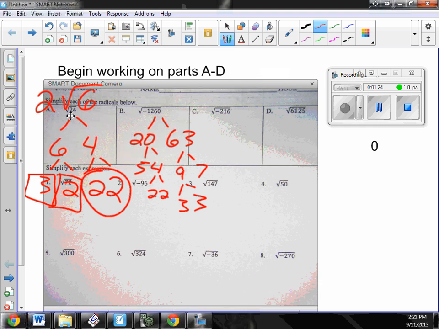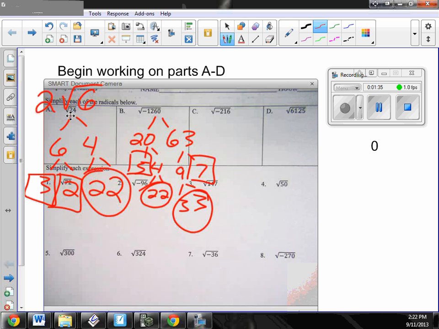So, do I have any pairs? I have a pair of 2s and a pair of 3s. What's left over? A 5, a 7, and a negative.